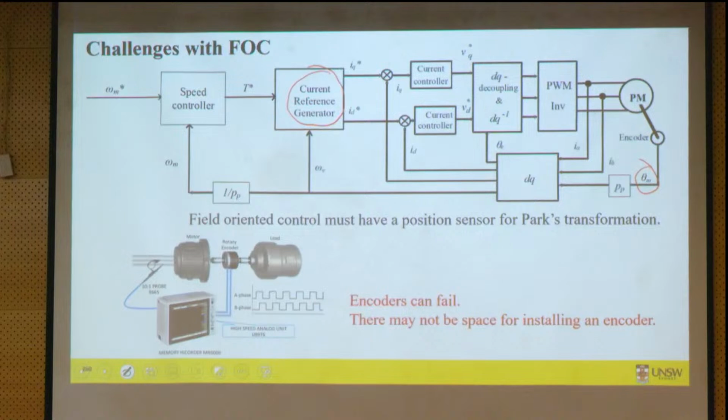And position estimation can be done through many different methods. For sensorless control, the correct position estimation is the most important part. There could be a sliding mode observer based position estimator. There could be a back EMF based position estimator and many more.